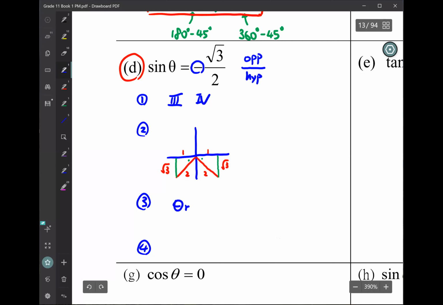So in this example, what's the reference angle? Is it 60? Yep, 60 degrees it is, okay? So you look at the green dot, right? The green dot is opposite to the square root 3. Square root 3 is the longer side, bigger angle, okay? So you use the 60 degrees.